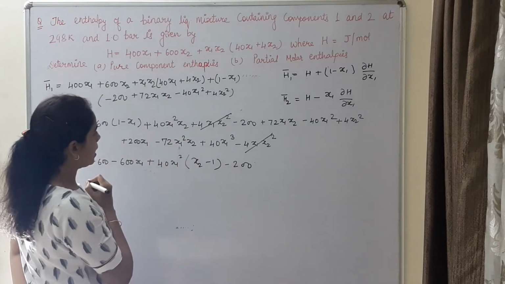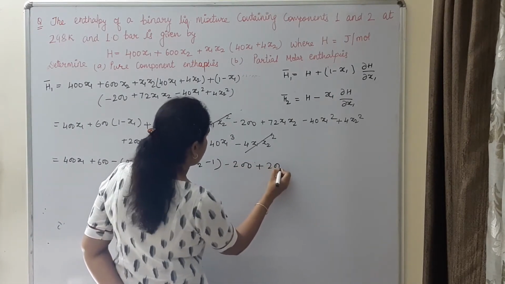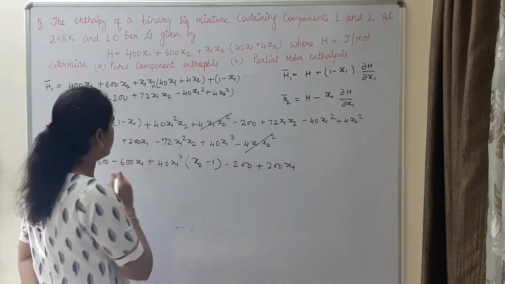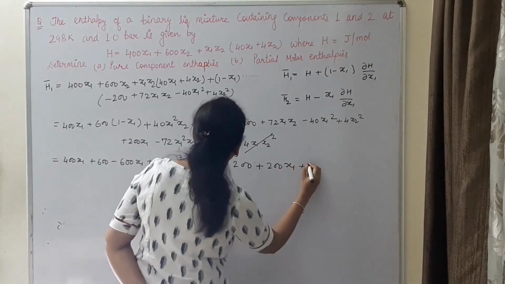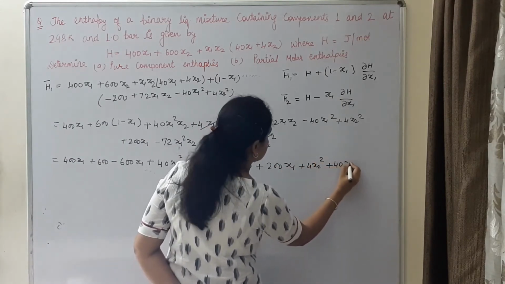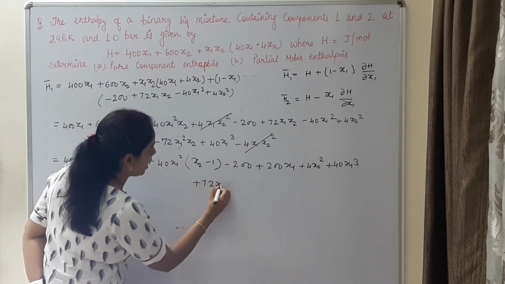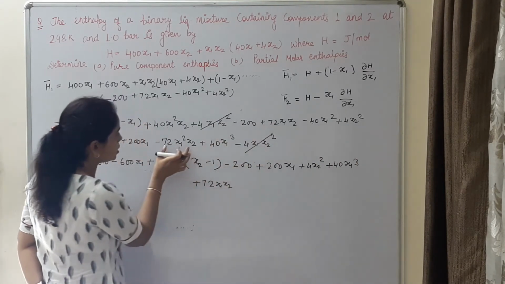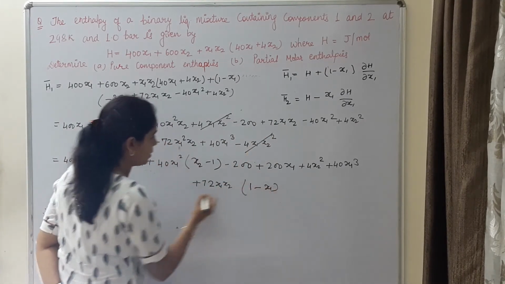Okay, and we have plus 200 x1. Okay, and 4 x2 square plus 40 x1 cube, and then 72 x1 x2 is common from this to this, and then what we have is 1 minus x1.